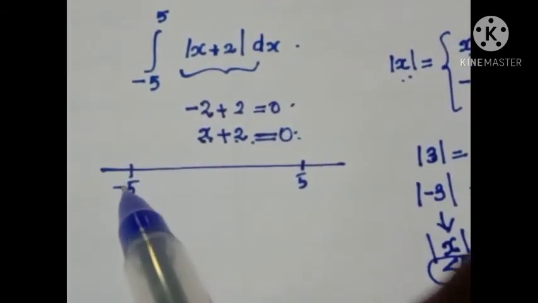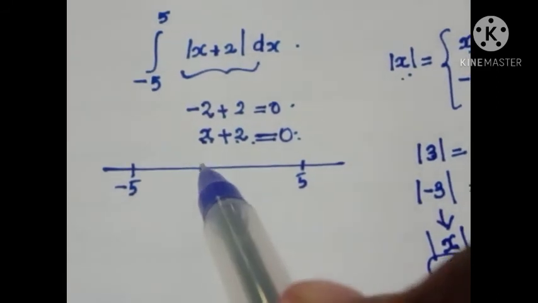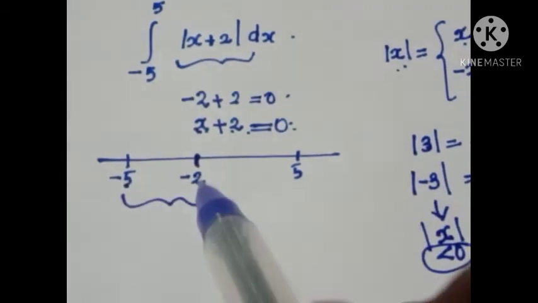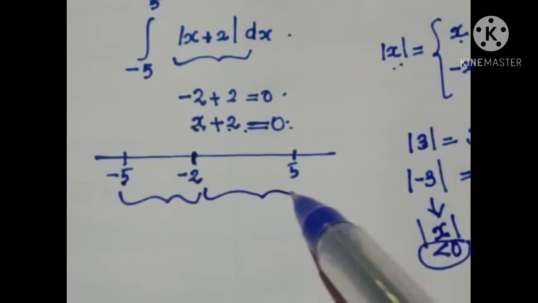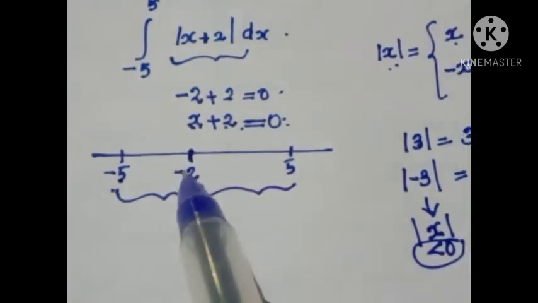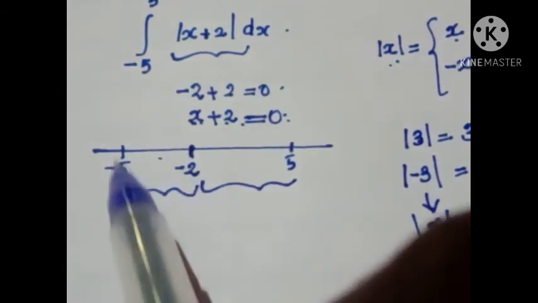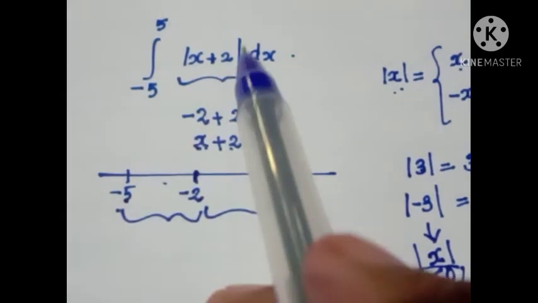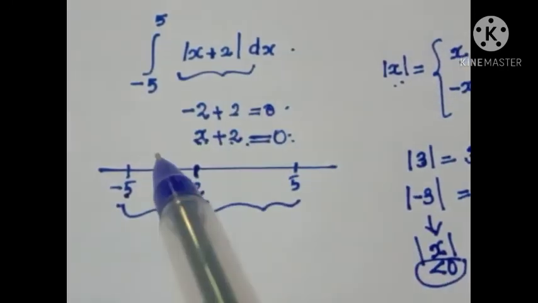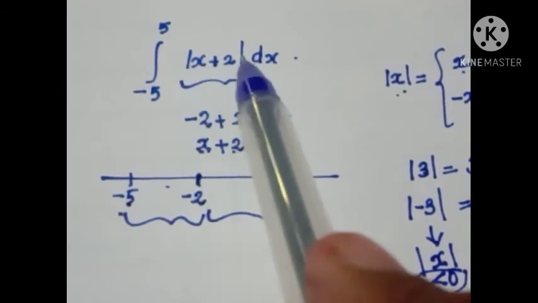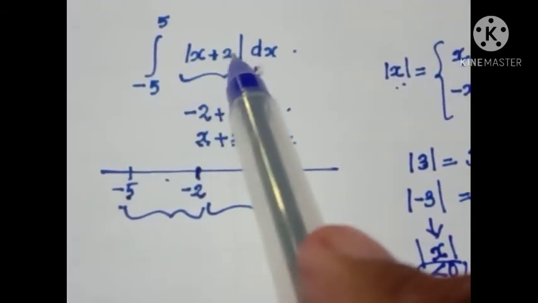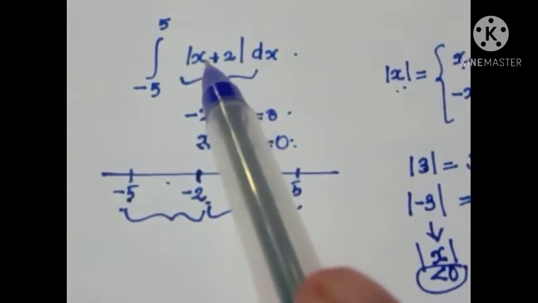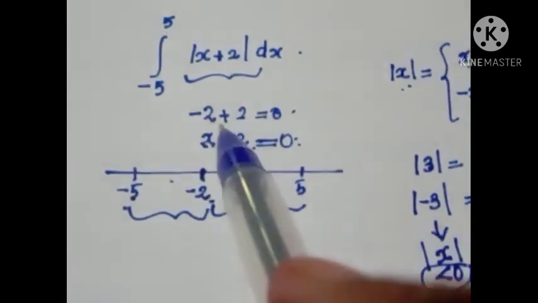So we divide this interval into two intervals, minus 5 to minus 2 and minus 2 to 5, because from minus 5 to minus 2 all the values inside the modulus are negative. At the same time, from minus 2 to 5, this expression will become a positive quantity.